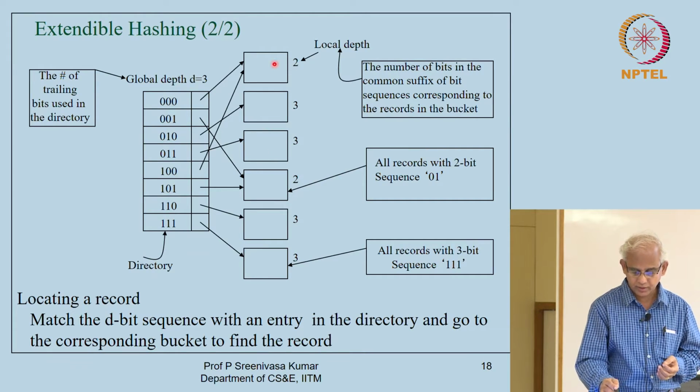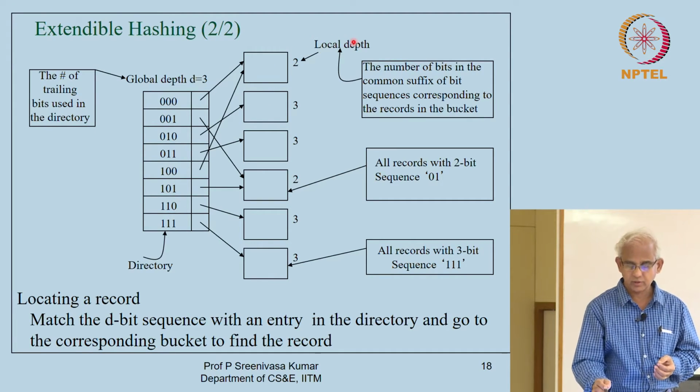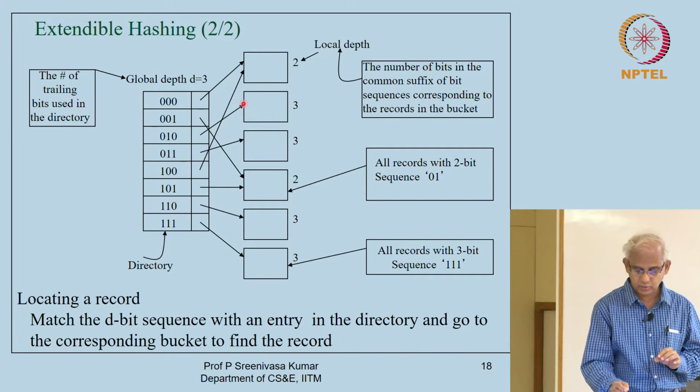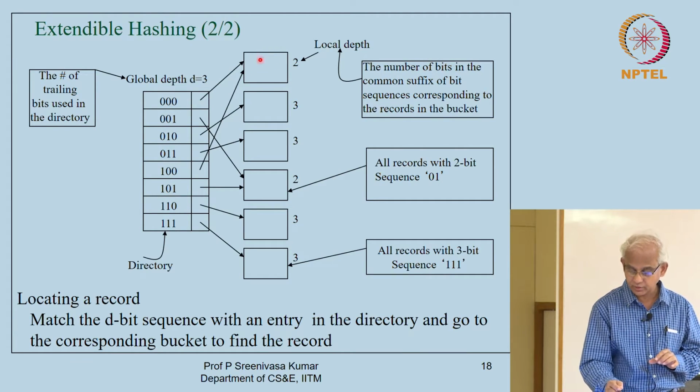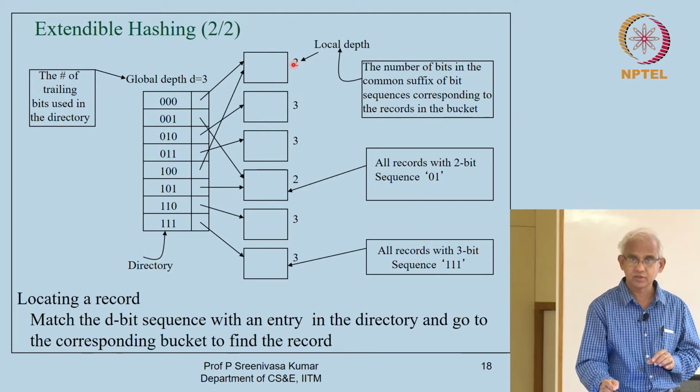Now, these buckets have an important parameter associated with them called the local depth. The local depth is actually the number of bits in the common suffix of the bit sequences corresponding to all the records that come to this particular bucket. For example, the local depth of this is 2.